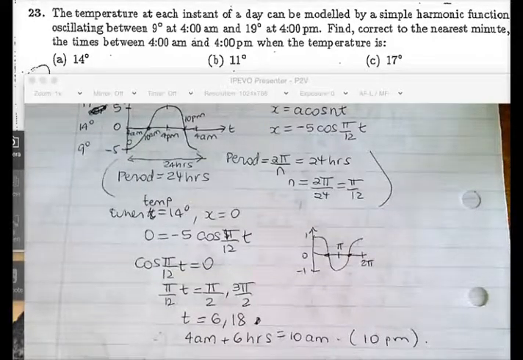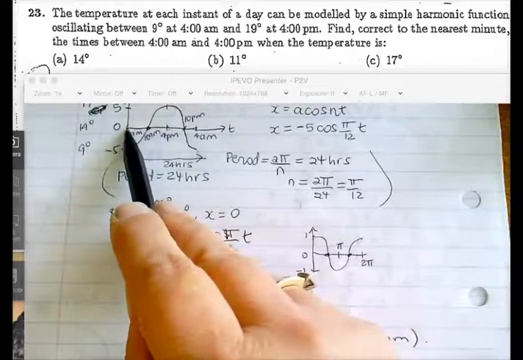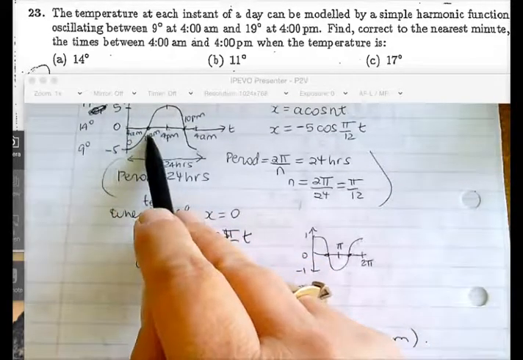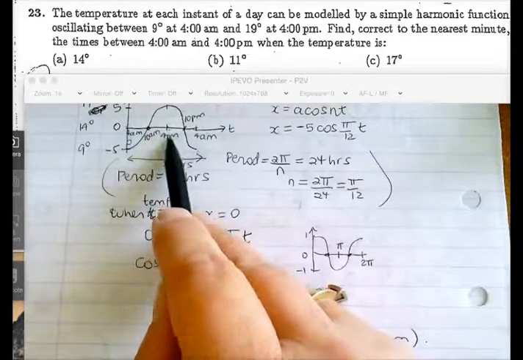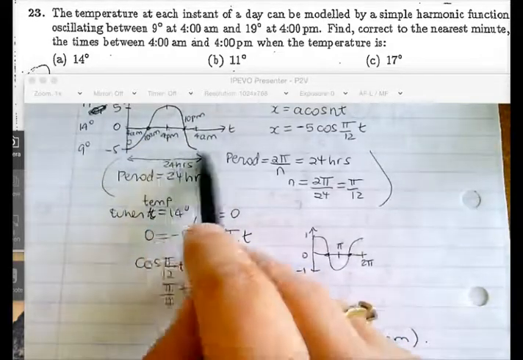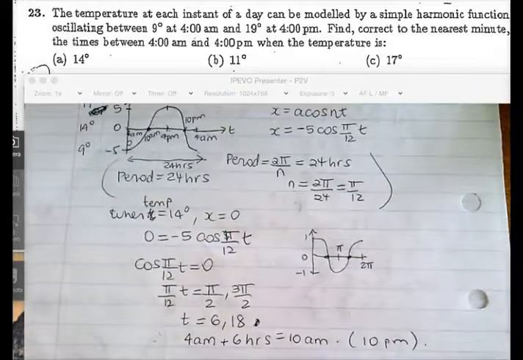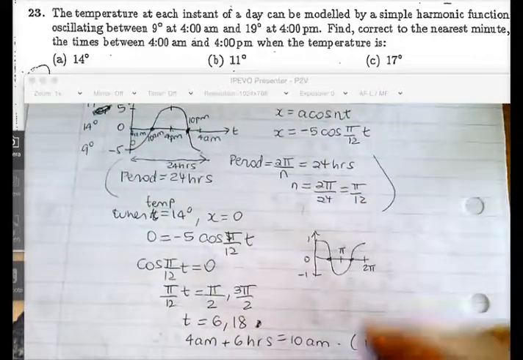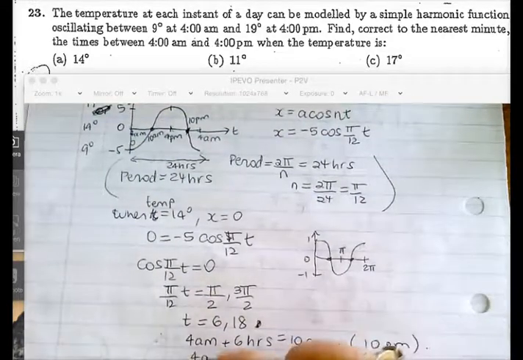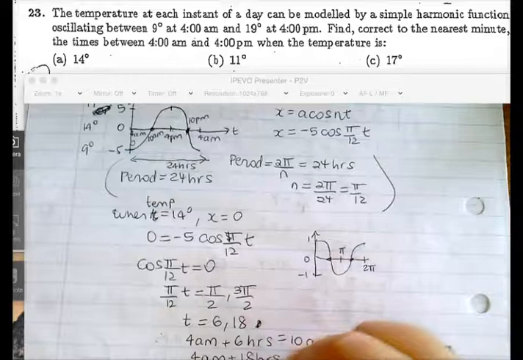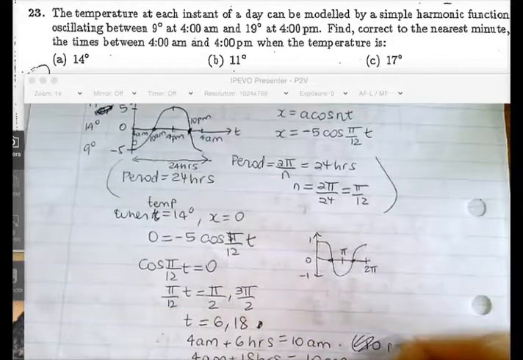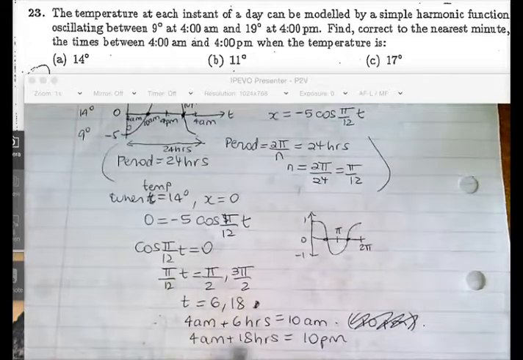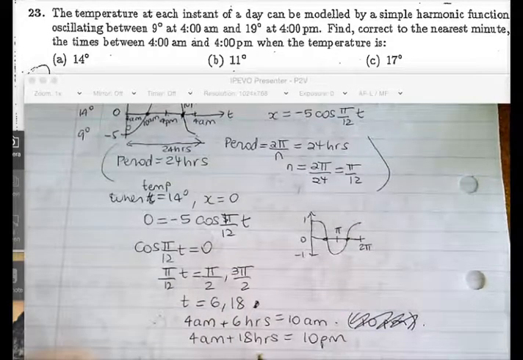Do you get how I went 4 a.m., 4 p.m., halfway between 4 a.m. and 4 p.m. is 10, and another 6 hours, because if that's 24, that's there. It's like doing 4 a.m. plus 18 hours would be 10 p.m. There you go. So time is 6, time is 18. You've got to add that time onto the starting position.